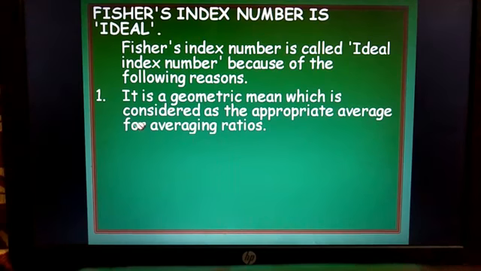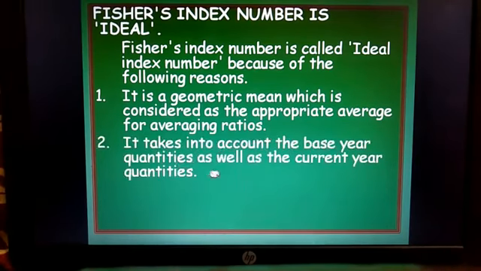That's why this is one of the supportive statements for why it is being called ideal. This Fisher's index number is the geometric mean of Laspeyres and Paasche index numbers, which is already a known fact to us students. Based on that I am telling it is the geometric mean which is considered the best or appropriate average for averaging ratios.